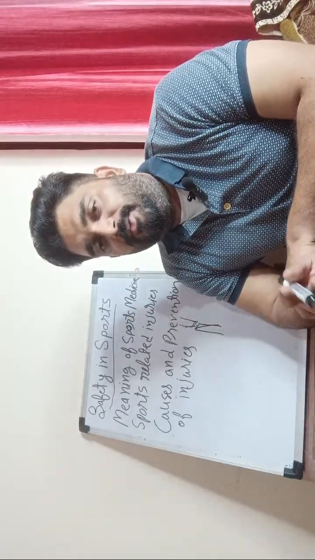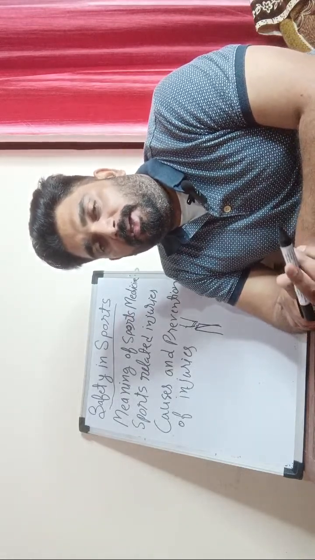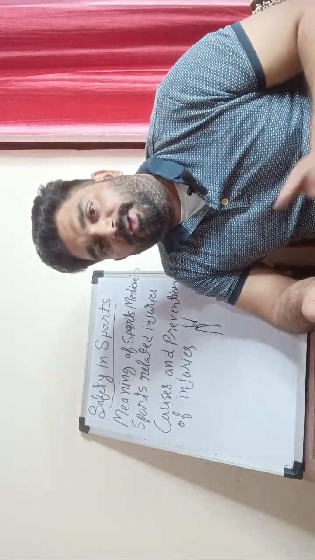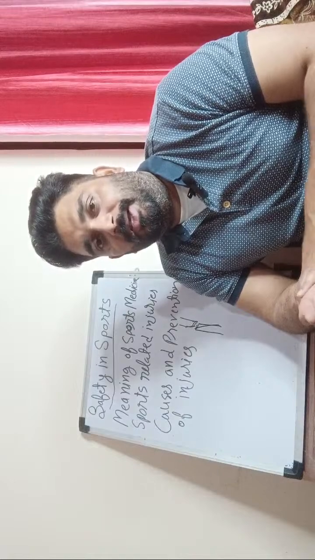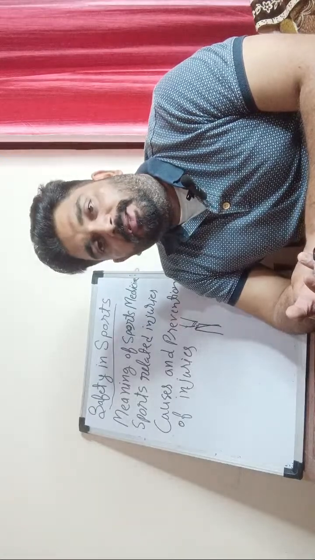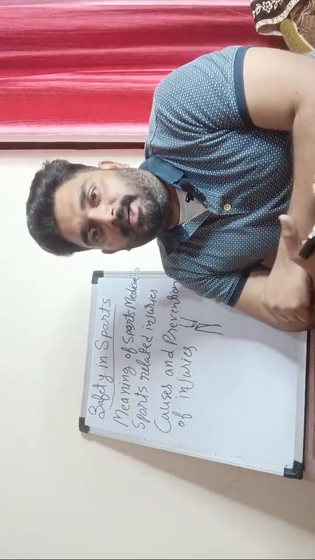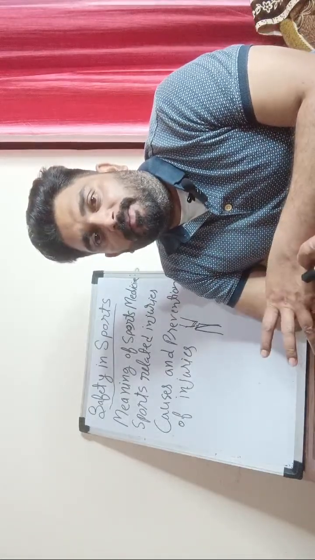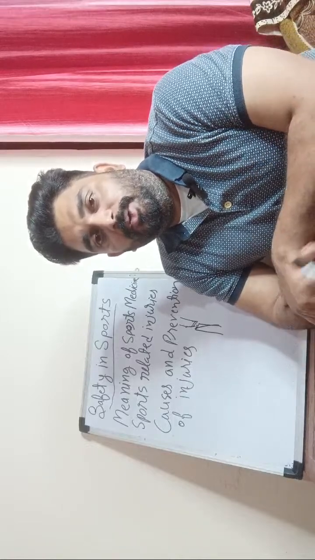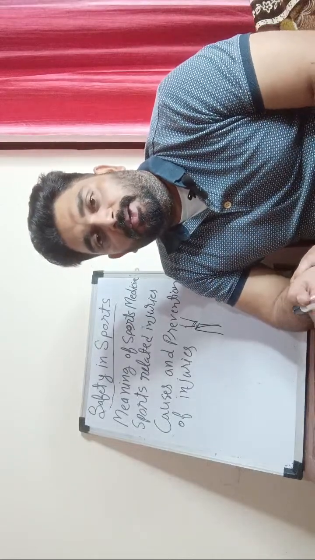If we immediately use any kind of ointment, like some gels in the market, Combiflam, Volini gel, Moov, various sprays, that can lead to inflammation and the injury can increase. So what is the first aid step? In the starting, we must use an ice pack or cold water pack to reduce the temperature of the particular part, and it will reduce the swelling over that part.